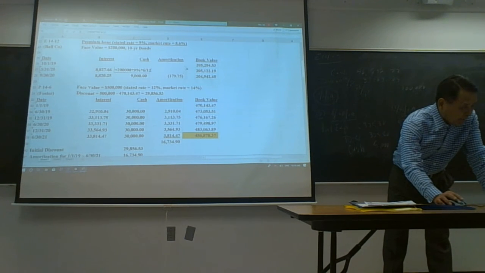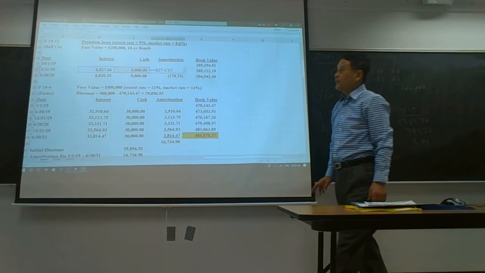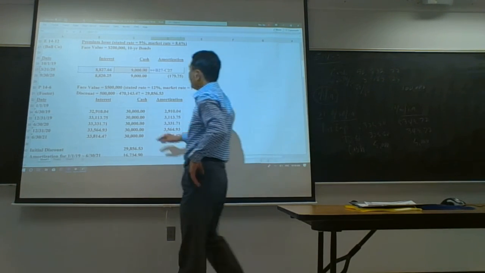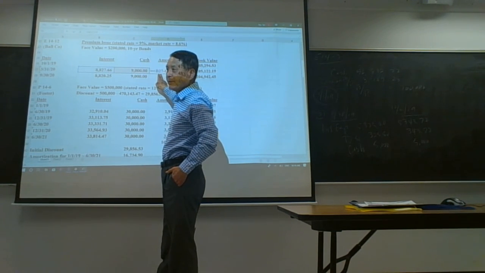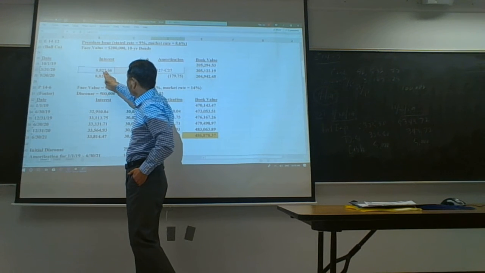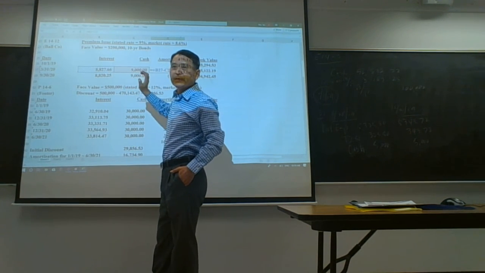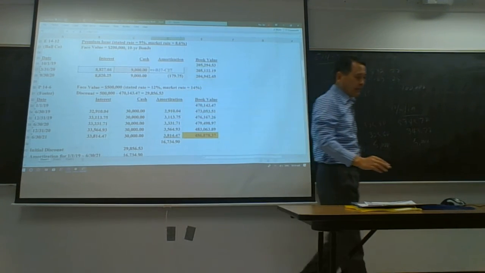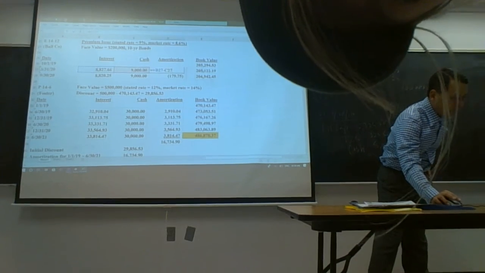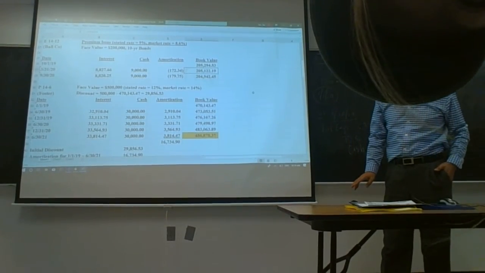Column 3 is the difference between 1 and 2. 1 minus 2 is 3. And 1 is less than 2, so the difference is negative, negative 172.